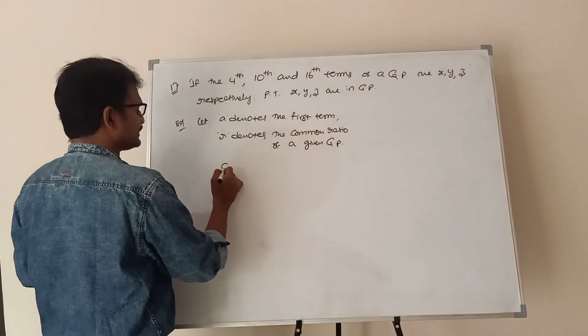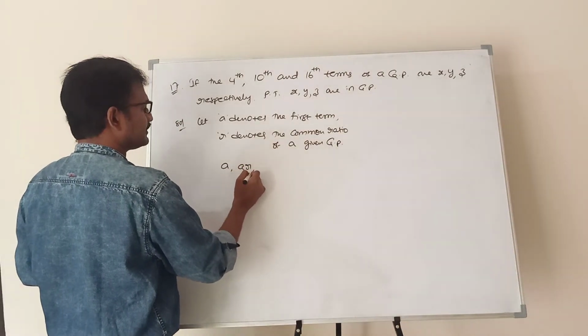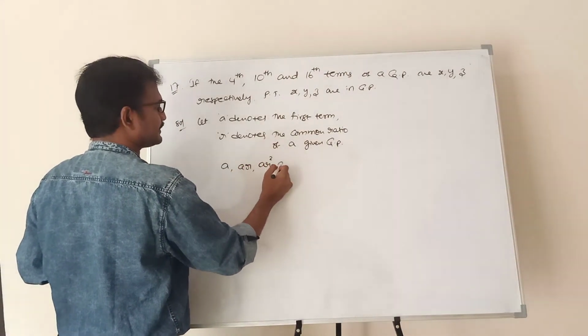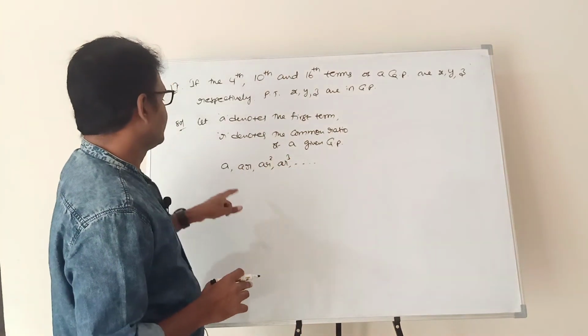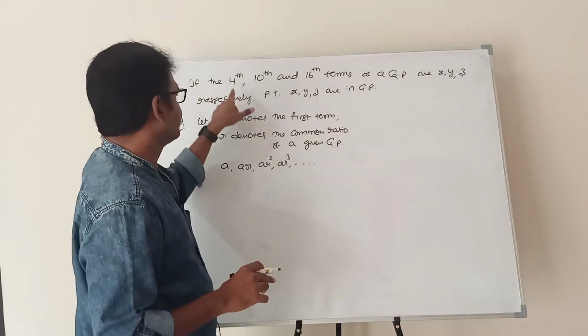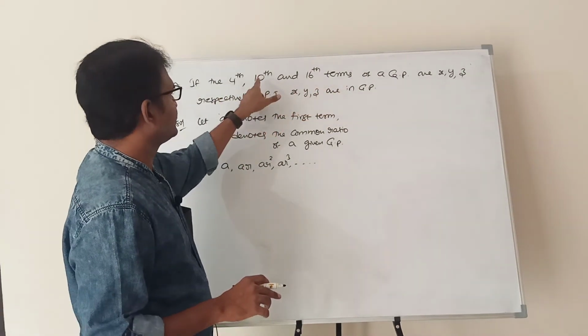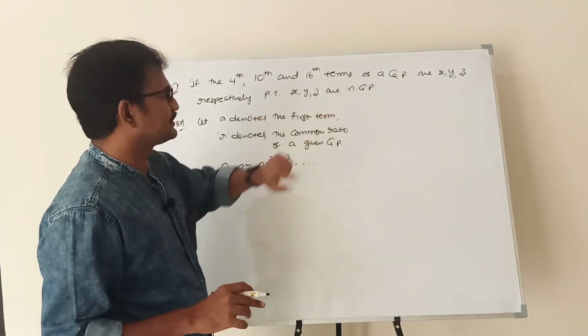What is the standard form of a GP? A, AR, AR square, AR cube, and so on.